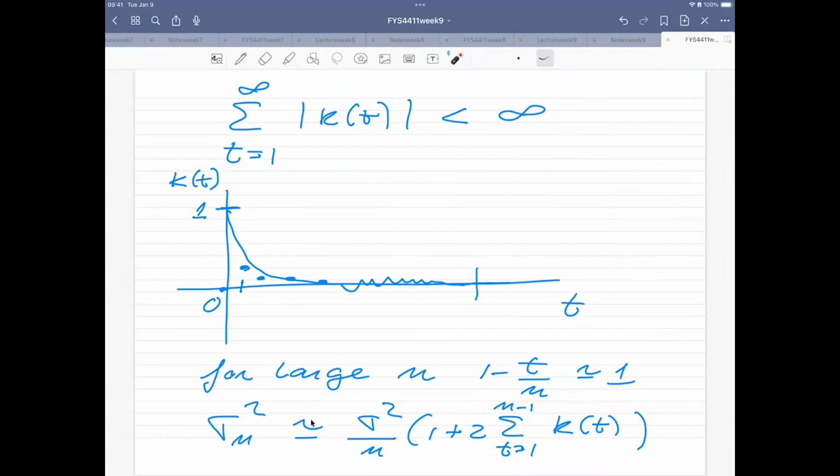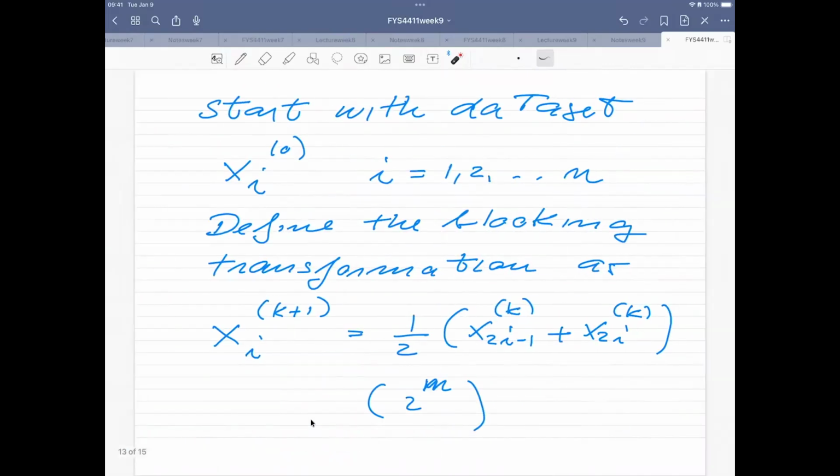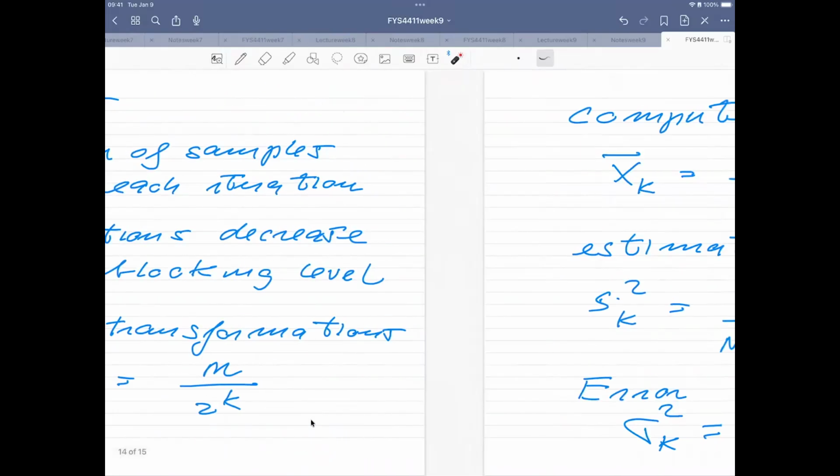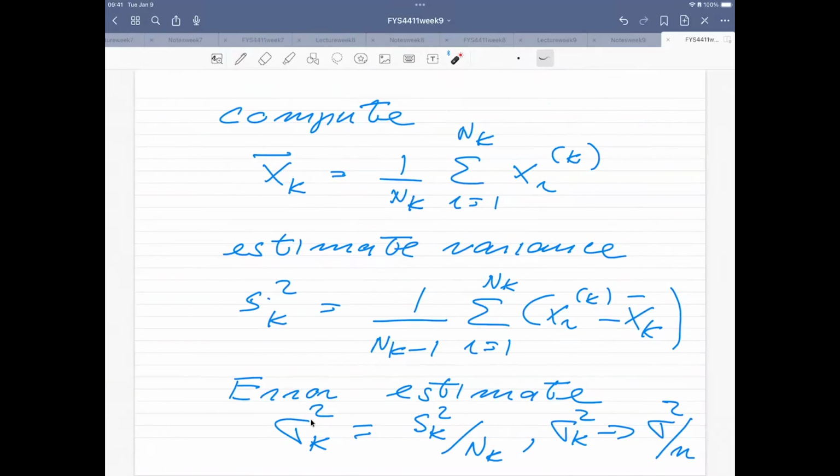But instead of evaluating this quantity here, which is extremely time consuming, you evaluate the variance of the single blocks. And that saves you a lot of CPU cycles. And you can show that this converges to a fixed point, which is actually the final variance.